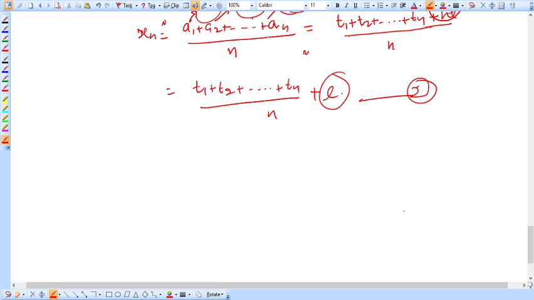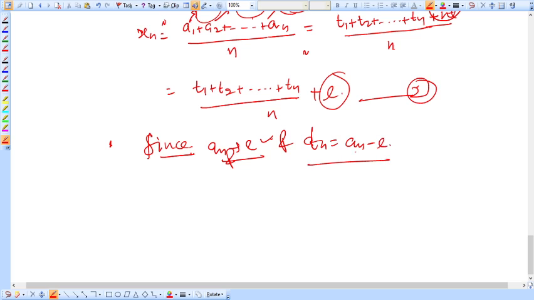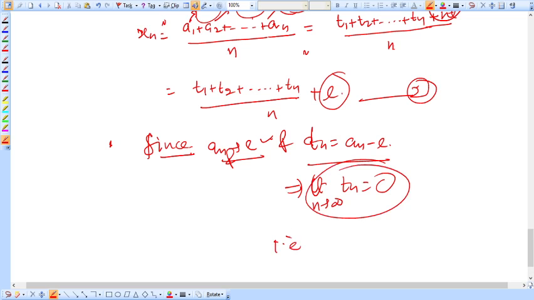Further, since according to equation 1, an goes to L here, and Tn is equal to an minus L, this implies the limit as n tends to infinity of Tn is equal to 0. That is, Tn approaches 0.